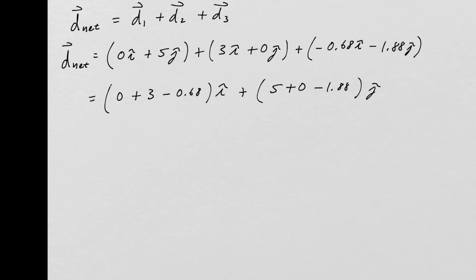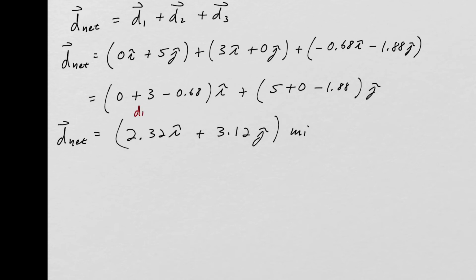I'm going to get 2.32 i hat plus 3.12 j hat miles. So that is my answer for the net displacement, the total displacement, in terms of components. Basically, it's saying that this is like D net x, and this is D net y. The D net x is 2.32. It's the x component of my net displacement, and the y component of my net displacement is 3.12.